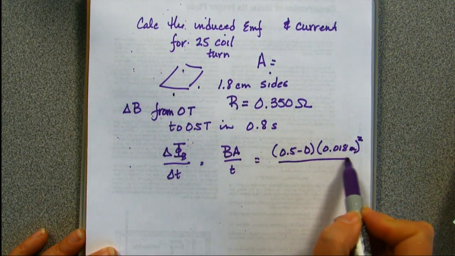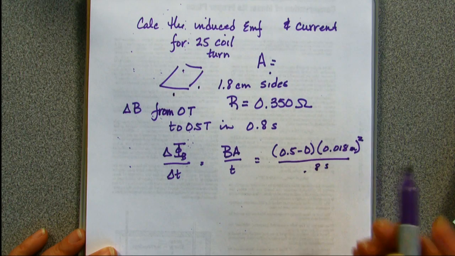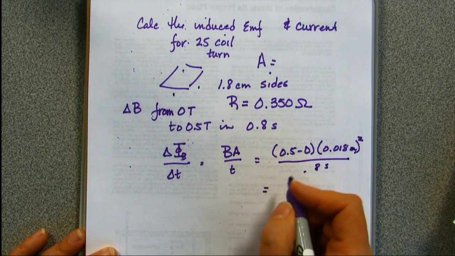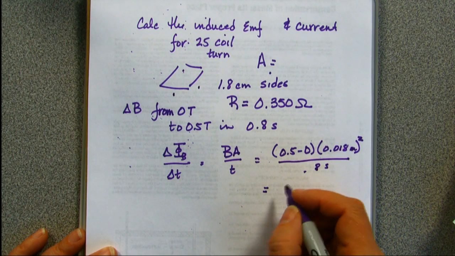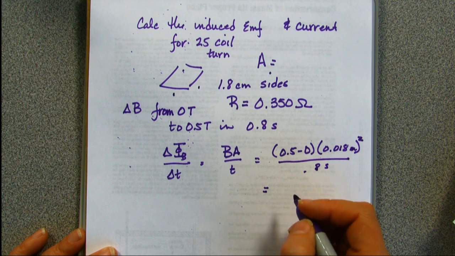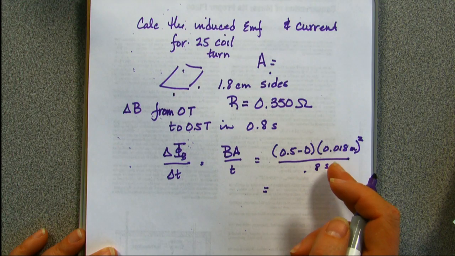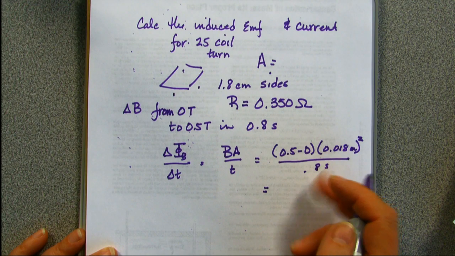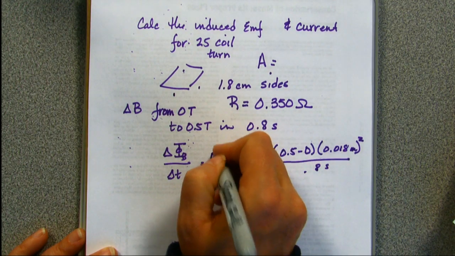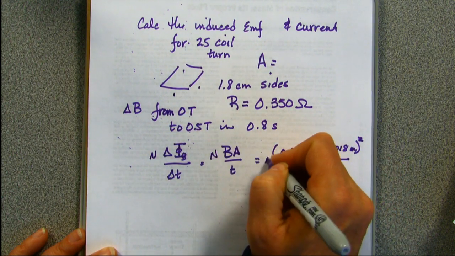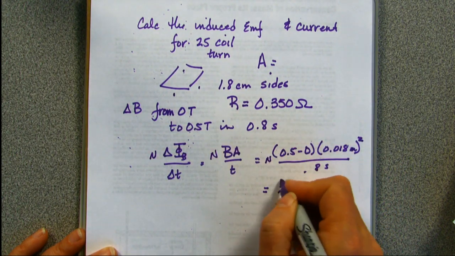That gives me my area, divided by 0.8 seconds. And then I have to put my N in front, so I've got 25.